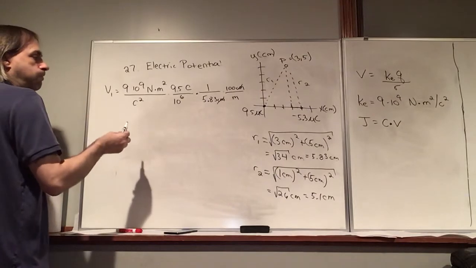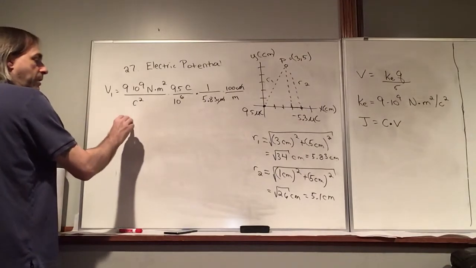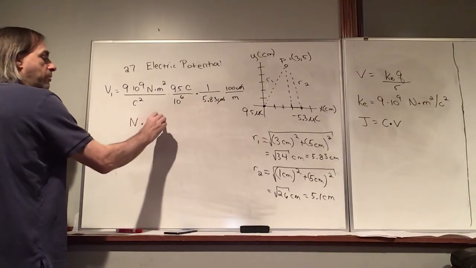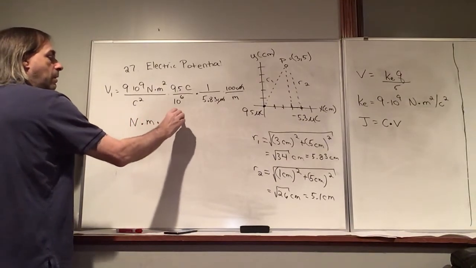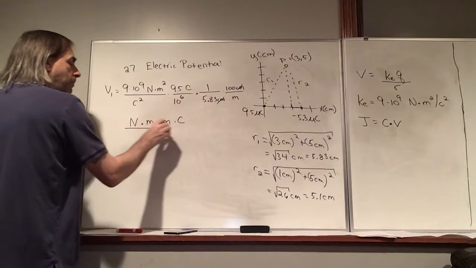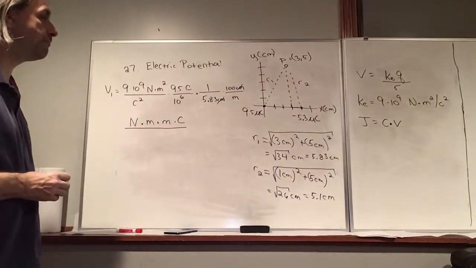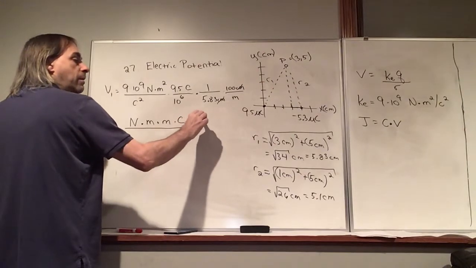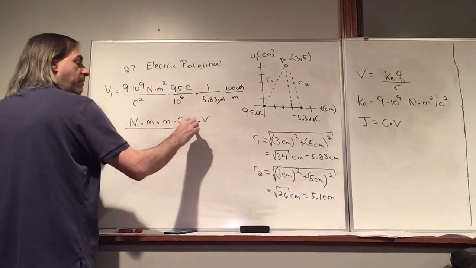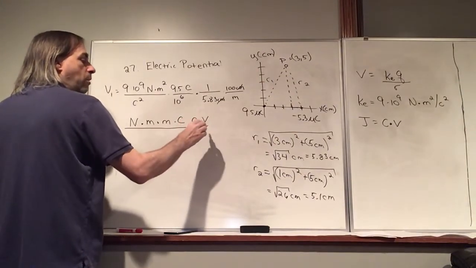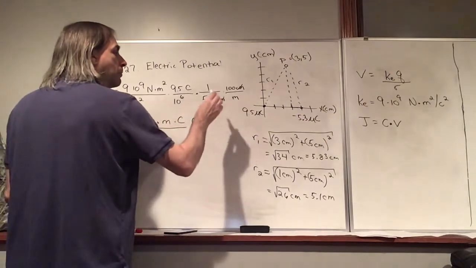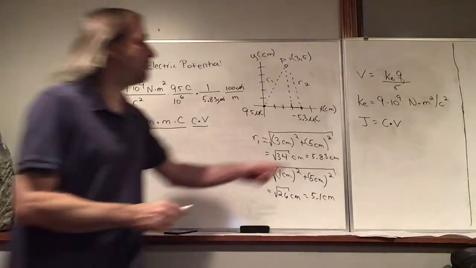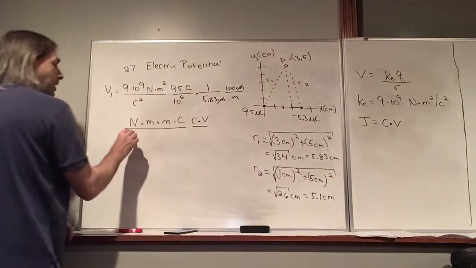So let's just look at the units first off. We have newtons times meters squared, which I'm going to write like this, times coulomb. I'm also going to write this extra conversion factor. A coulomb times a volt is equal to a joule. Or I would write it here, but I don't have room. So a coulomb times a volt is equal to a joule, which is a newton times a meter.